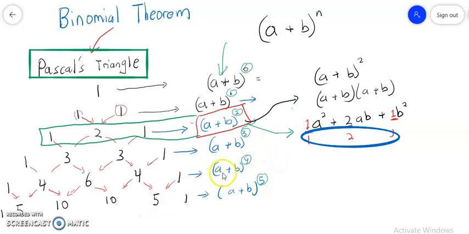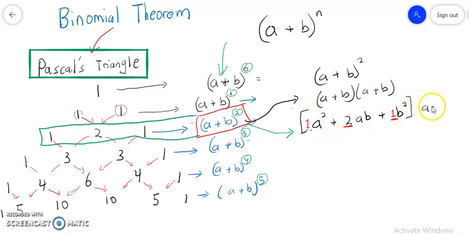Now let us give a try on the cubic equation. Suppose I just continue with this quadratic equation. I multiply it with another a plus b. It will become this cubic equation.